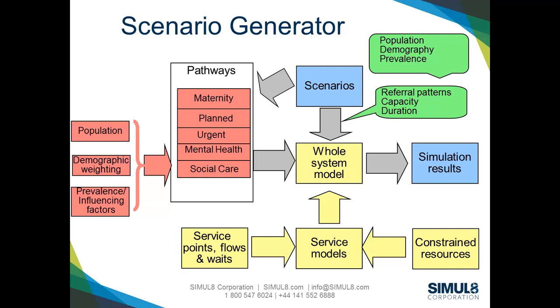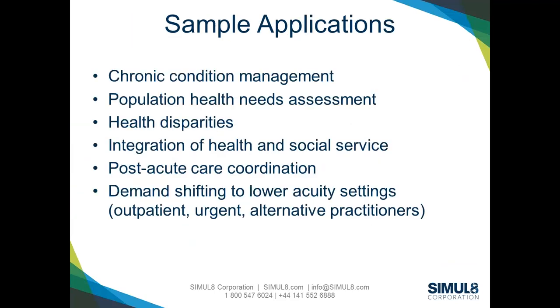So some of the things that you can see that being used for is chronic condition management, population health needs assessments, health disparities, health inequalities as we call them in the UK, how services can be integrated between health services and with social services, looking at the coordination of care after people have been discharged from hospital, and also shifting the care that's traditionally been managed within an acute setting to something of low acuity.